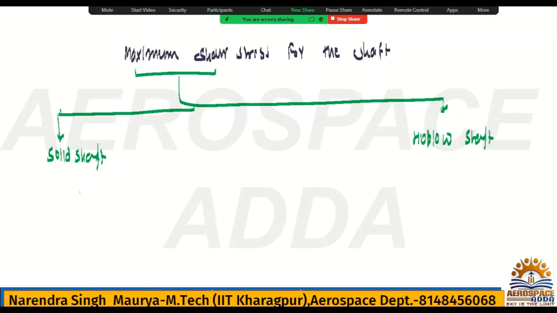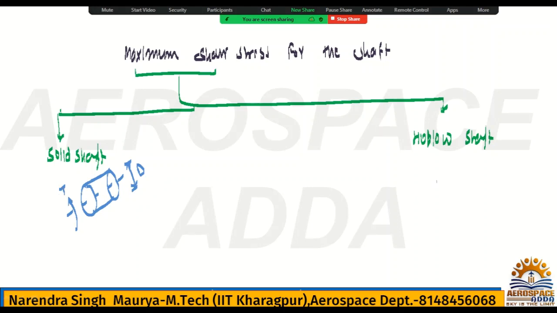So you are talking about the solid shaft here. Diameter for this is D, and torque T is applied here.